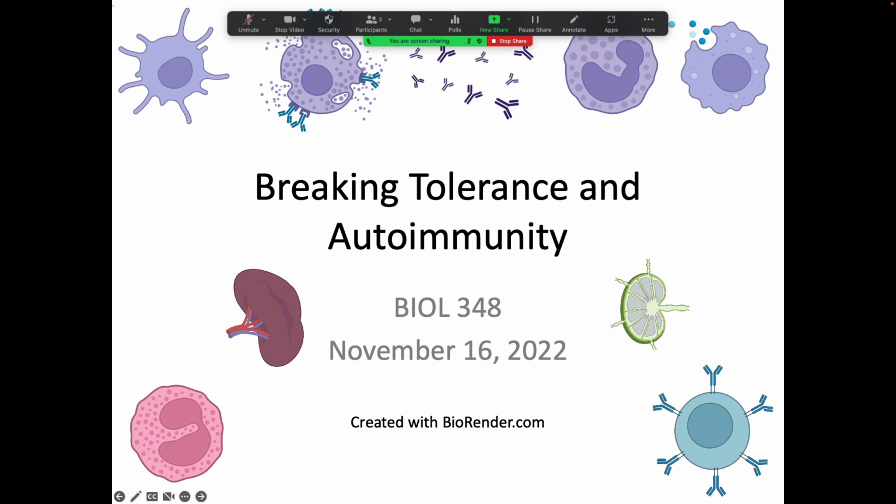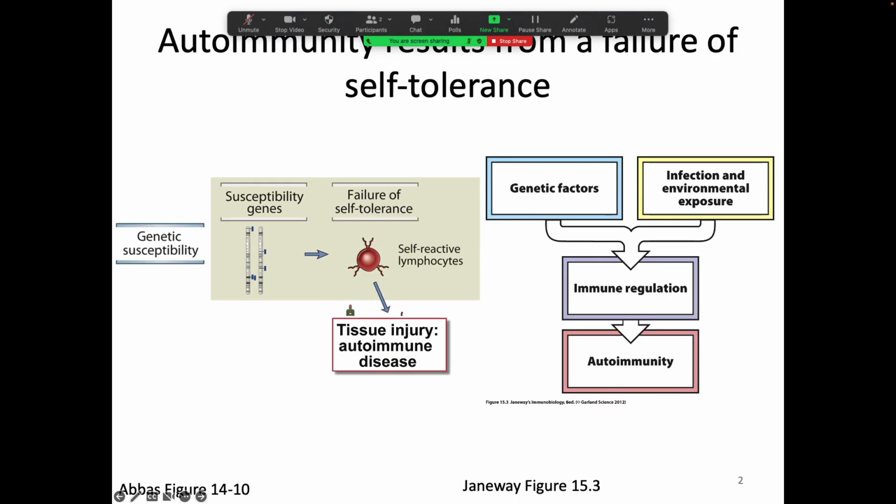So these were sort of all of the different mechanisms of tolerance that we saw on Monday. Autoimmunity, of course, results from some kind of failure in self-tolerance. And it could be failures related to any of the things listed here.